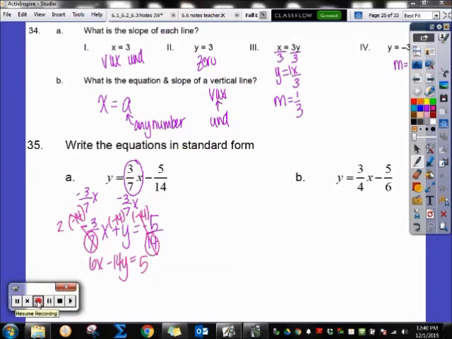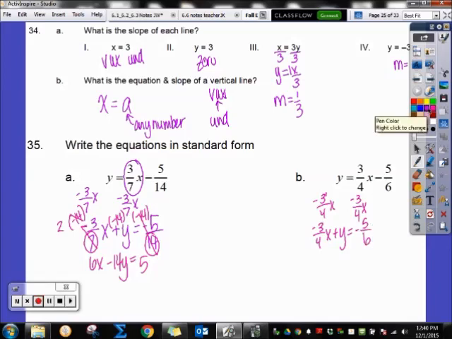Then for B, same steps. We would start out by minusing 3/4 x. Then if we look in here, our least common denominator out of a 4 and a 6 would actually be 12.